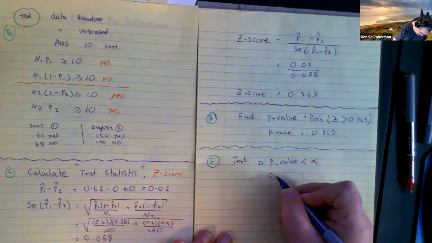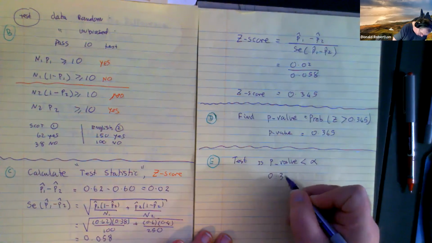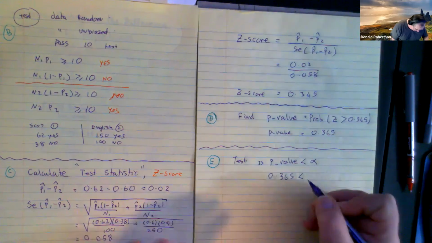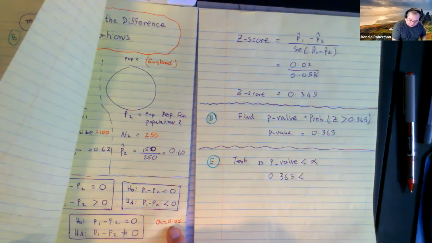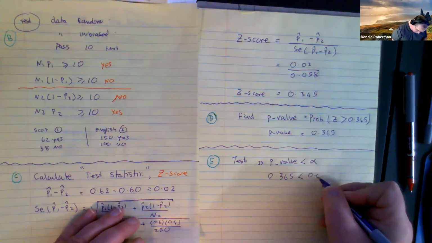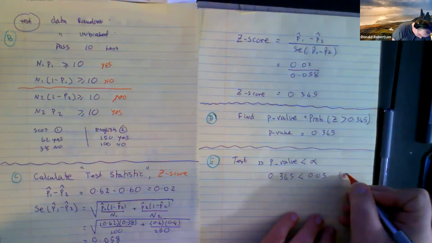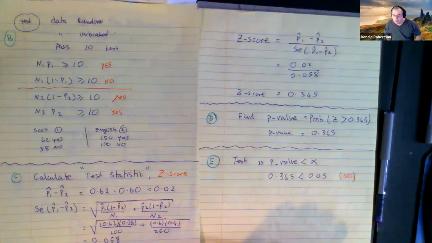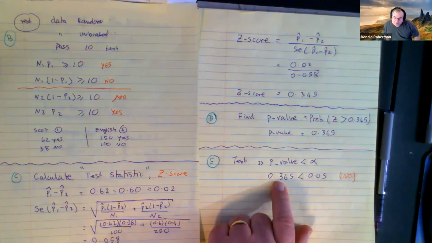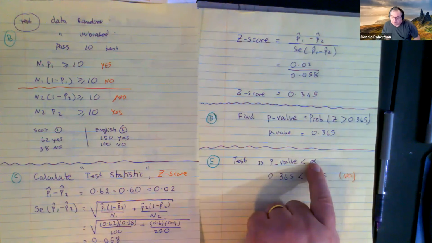And in this case, is 0.365 less than 0.05? I think that's a pretty obvious answer, isn't it? It's not. What conclusion do you come to then if the p-value is not less than alpha?